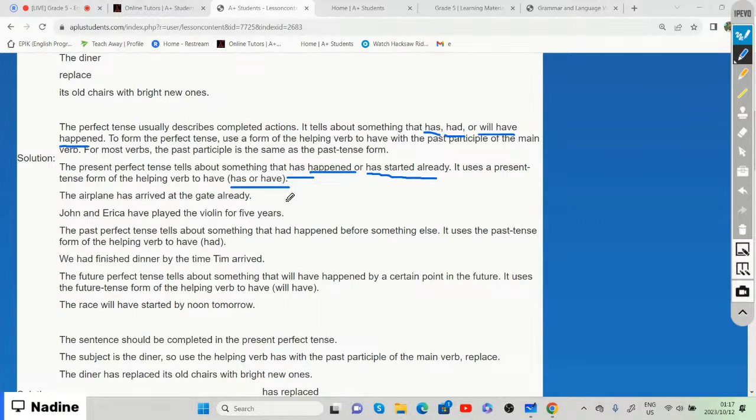And then we have the past perfect tense. The past perfect tense tells about something that had already happened before something else. And that is why we call it the past.